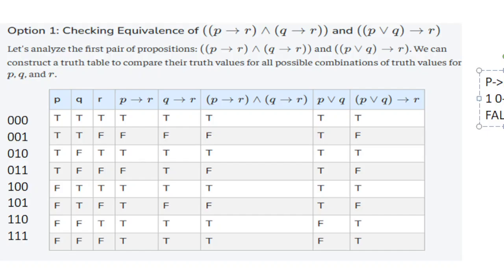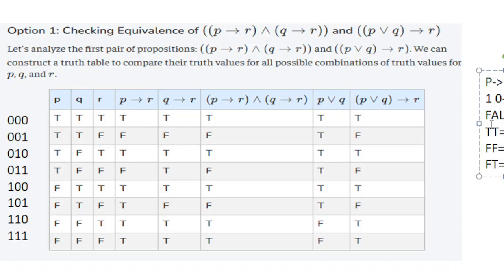Otherwise, in all other remaining cases, when both are true, both are false, and when P is false and R is true, these three cases give the result true. Okay, this is the truth table of P implies Q.